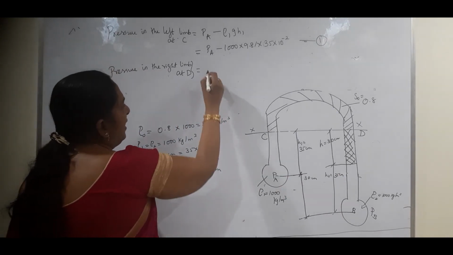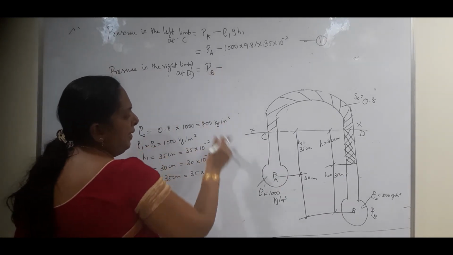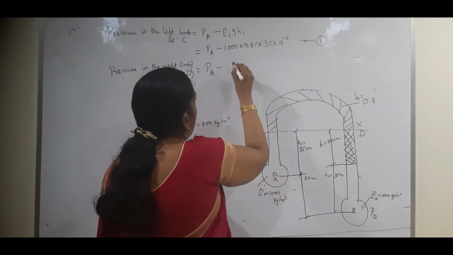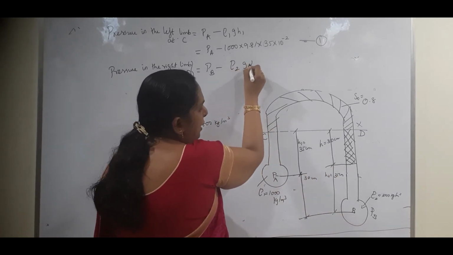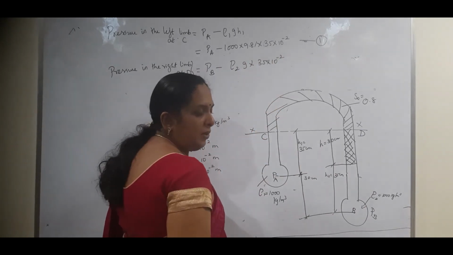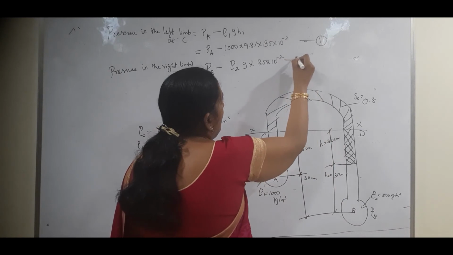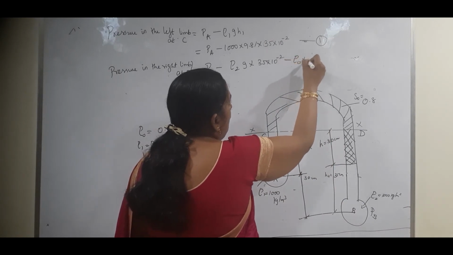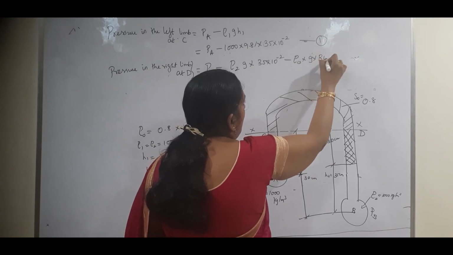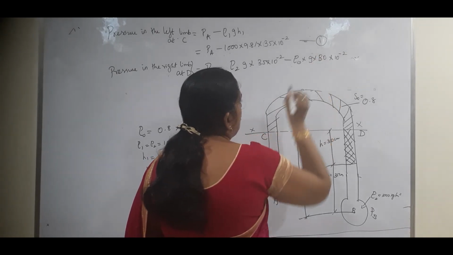So what is the other case here? PB is the pressure in the right limb, and because of this fluid, PB minus rho 2 into g into h2, which is 35 into 10 to the power minus 2, minus rho naught into g into h, which is 30 into 10 to the power of minus 2 meters.